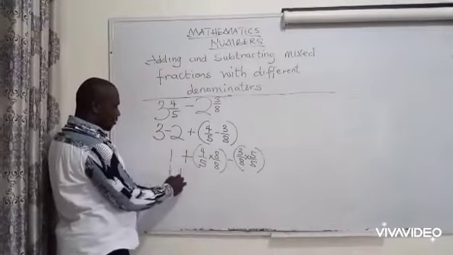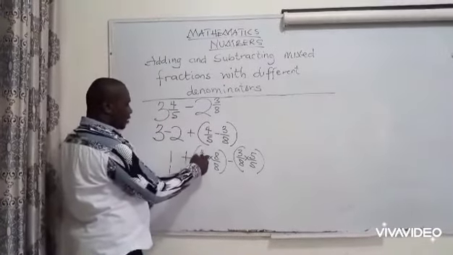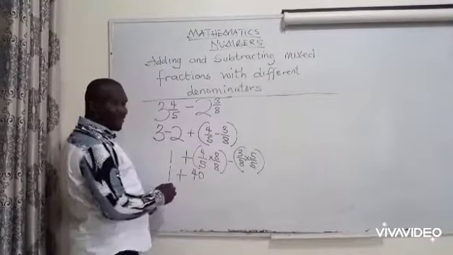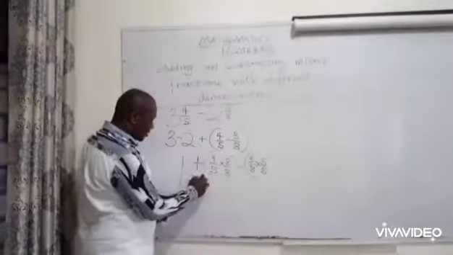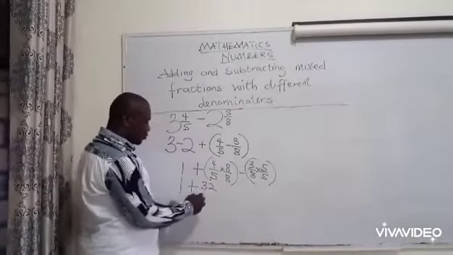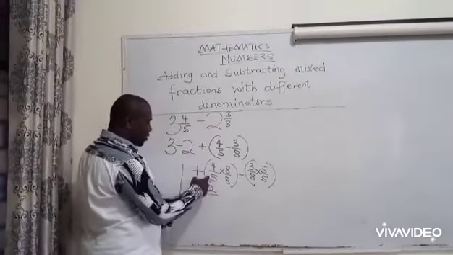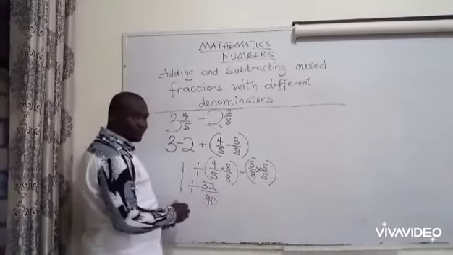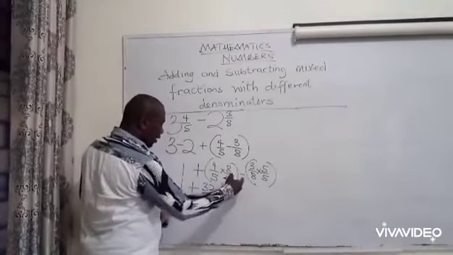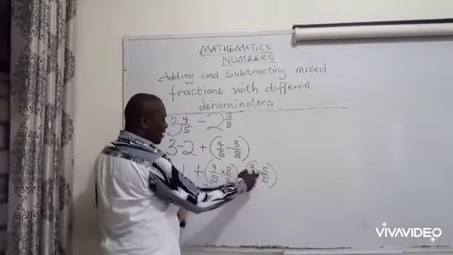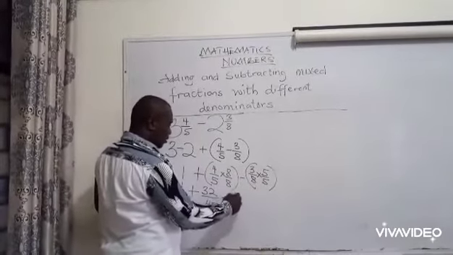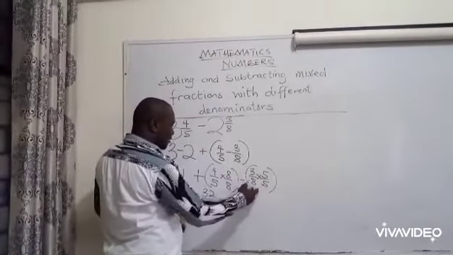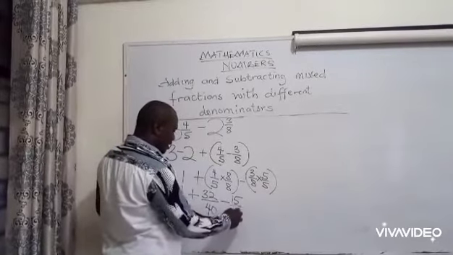One whole number plus 4 times 8 giving us 32 out of 5 times 8, 40, minus 3 times 5, 15 out of 8 times 5, 40.